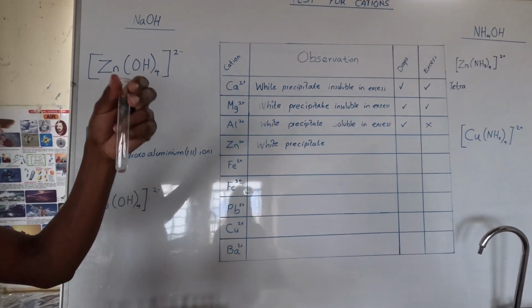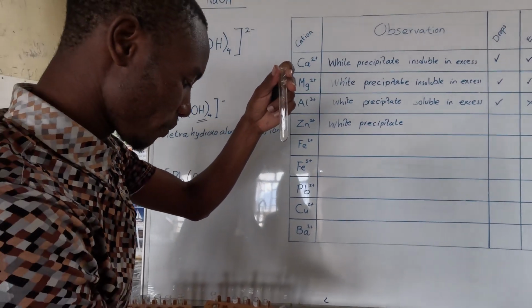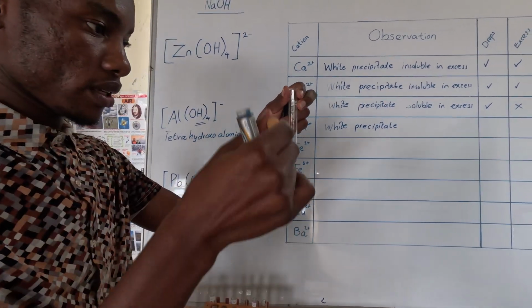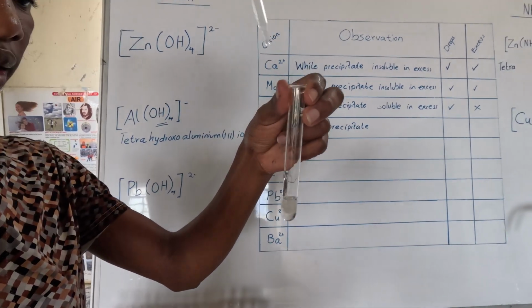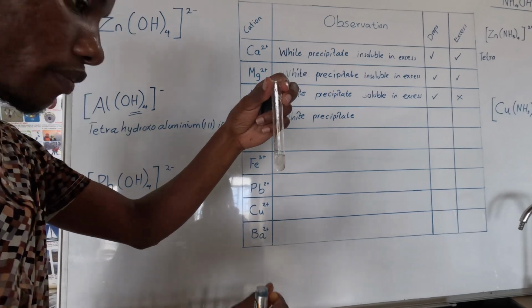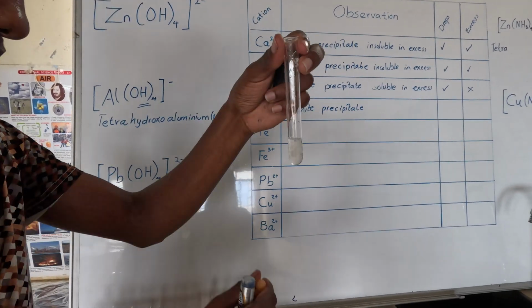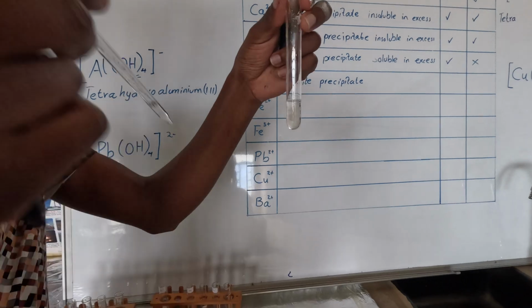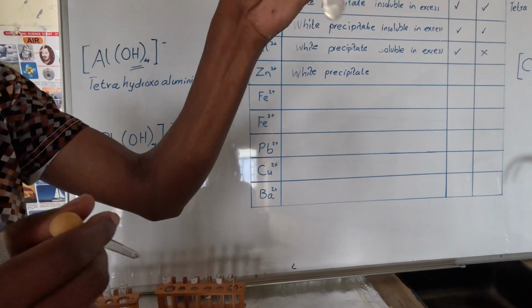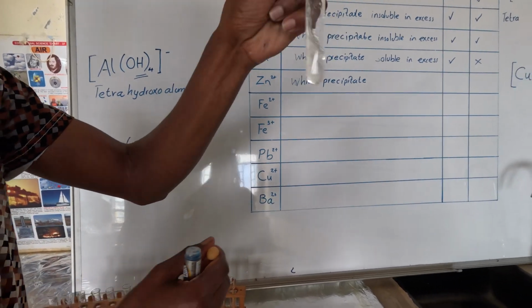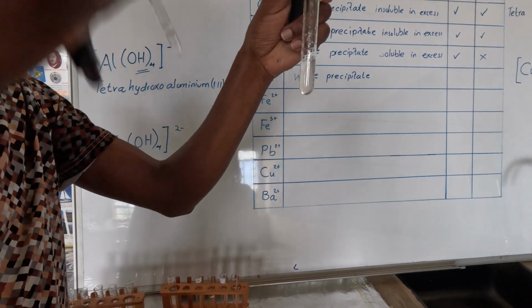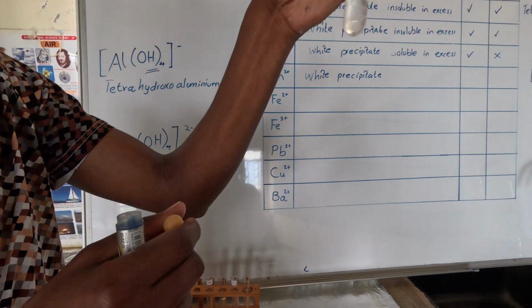And this white precipitate, what will happen if I add excess sodium hydroxide like that? Remember, excess is when you add equal amounts of the solvent used.